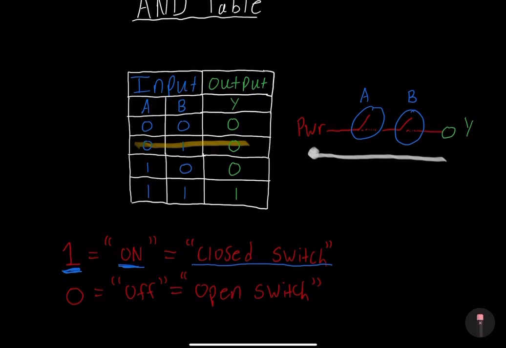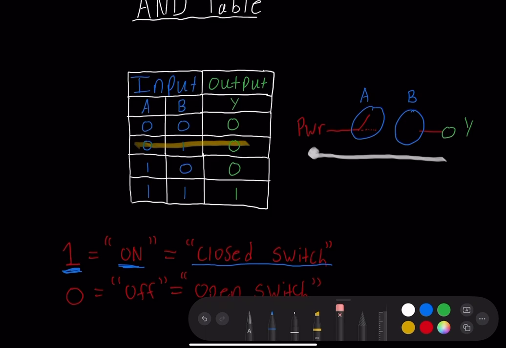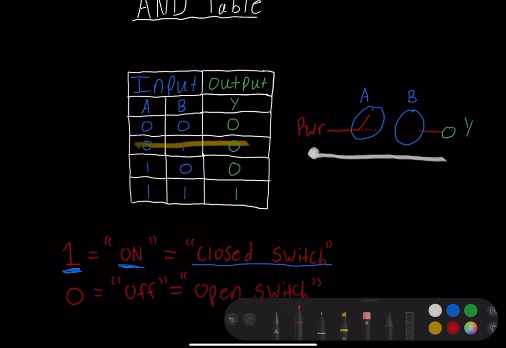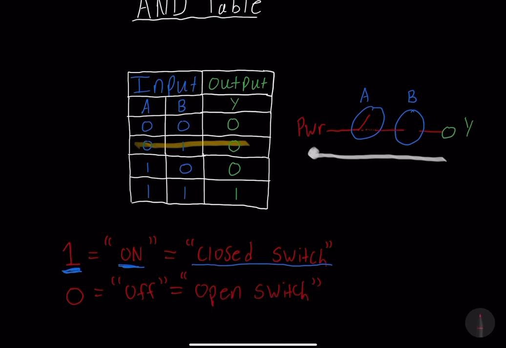So we're going to adjust the circuit by erasing B and replacing that open switch with a closed switch. Now current's going through, but notice how the output Y is still equal to 0. This is because A is preventing the current from going all the way through to Y, and because of that, Y will still be 0.